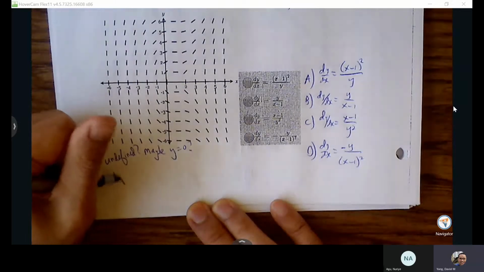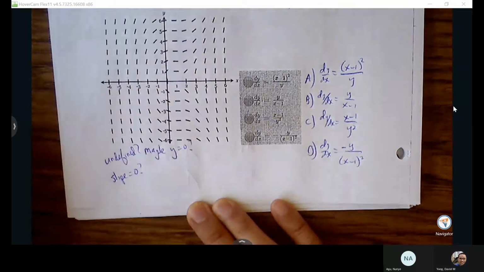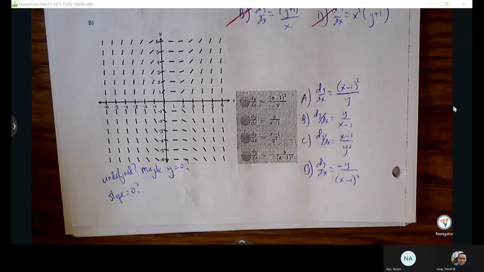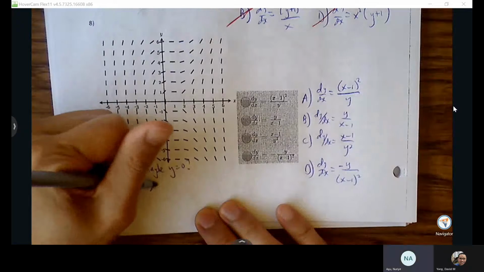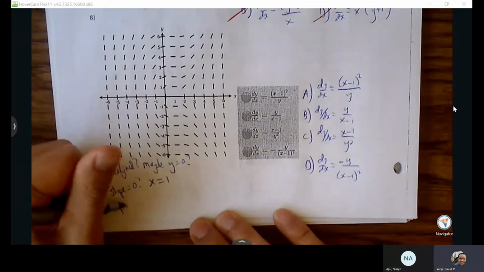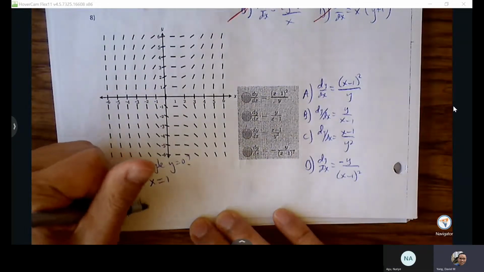Okay, how about slope zeros? X equals 1. All right, do you see a collection of positive slopes?